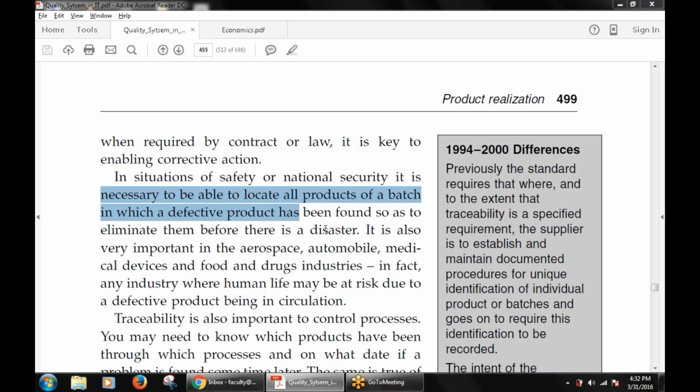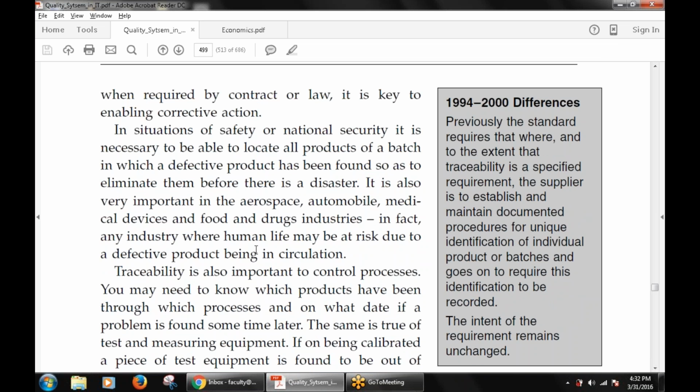Whatever the traceability report, it must be able to locate all the products of a batch in which a defective product has been found. In the drug industry, or any industry where human life may be at risk due to a defective product in circulation, this is a key characteristic related to defects.